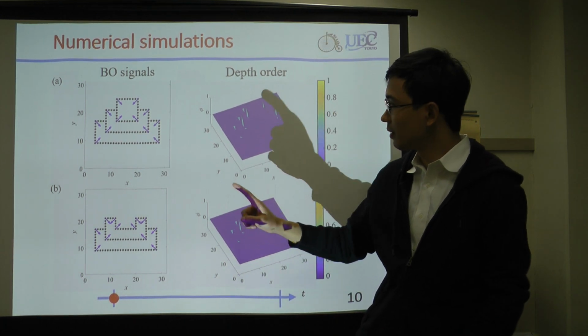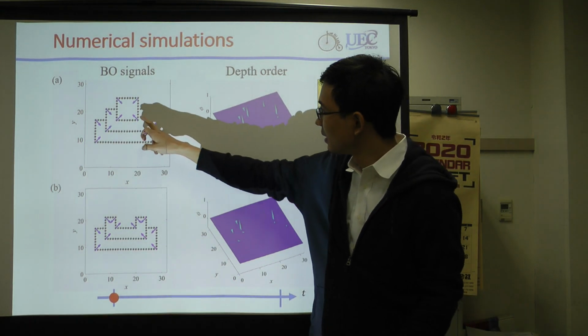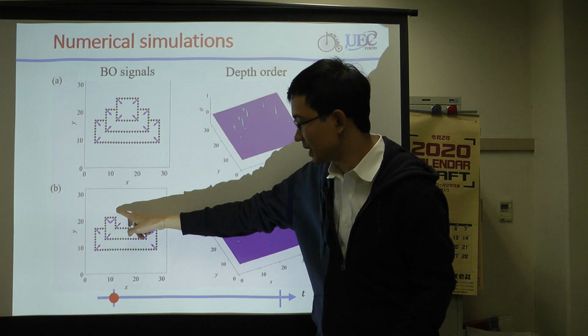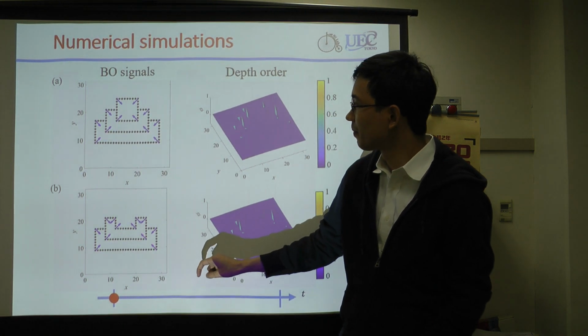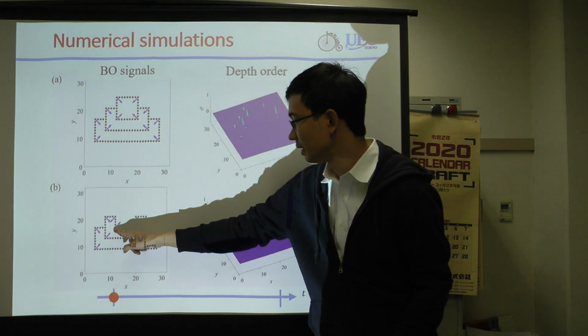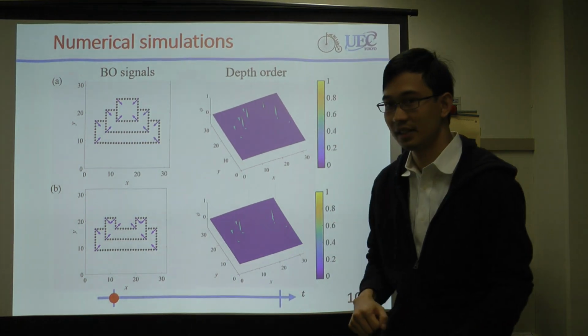These two images look similar, but there's one difference here. This area is absent from this image. However, at this enclosure here, you can see that the vectors point in the same direction.